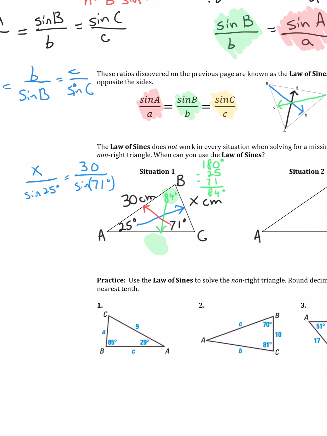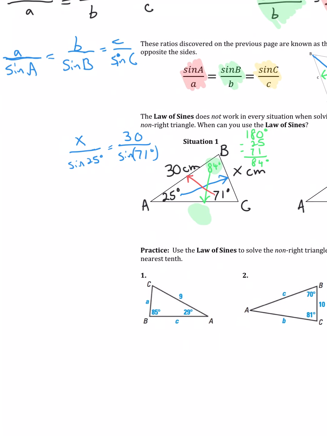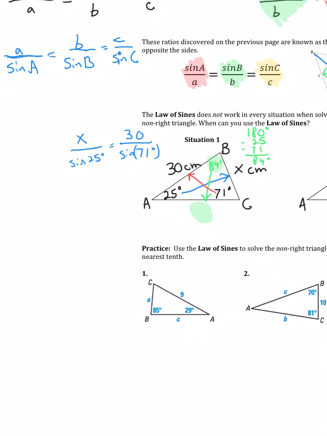It's possible. Okay. Now, in order to solve for x, I need to multiply both sides by sine of 25. I'll end up getting x by itself on one side equals 30 times sine of 25 degrees divided by sine of 71 degrees.